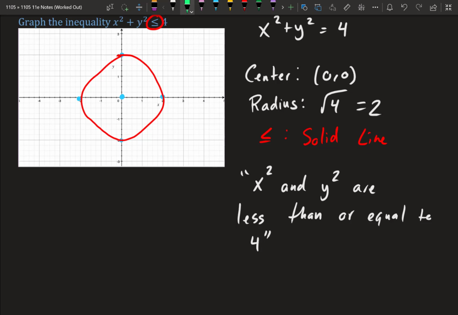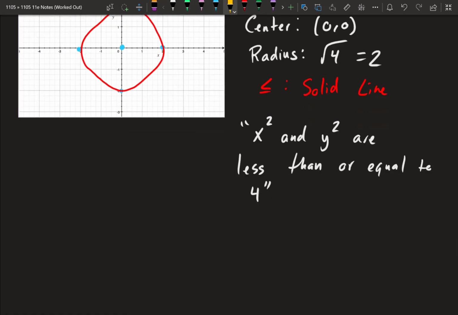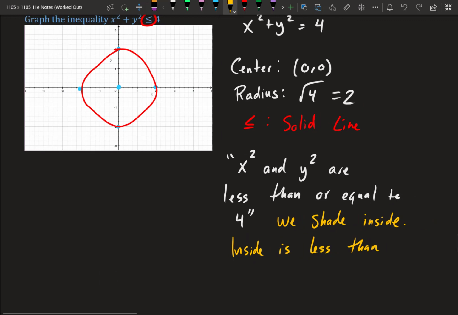But if I shade the inside, it's stuck there. It's stuck inside the circle. So I shade the inside. There we go.